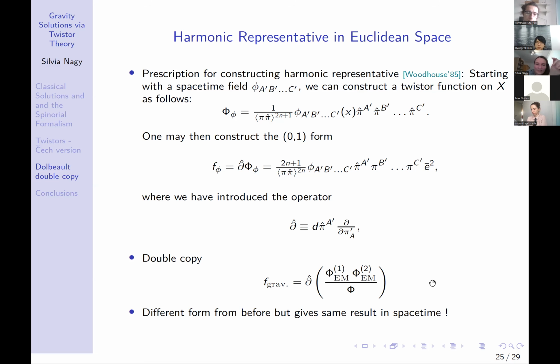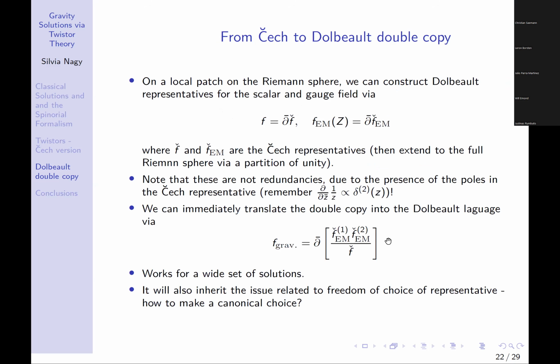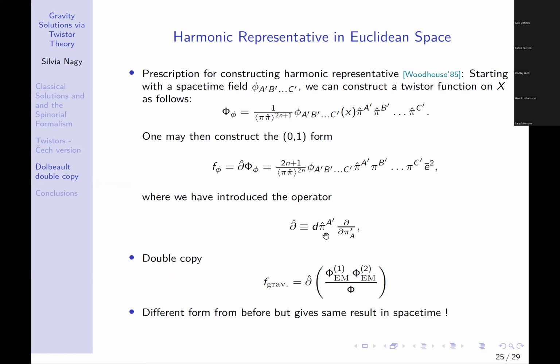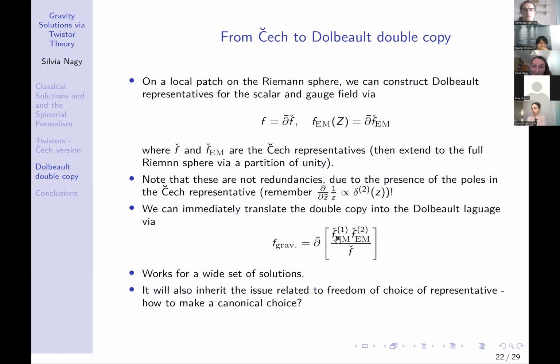And what's quite interesting here is that this version of the double copy is actually quite different from this version here, even though they look very similar. If one just looks very naively, remember that this partial bar here is actually very different from this partial hat. So they're defined very differently. And the phi's that go in here, the ones constructed here, are very different from the F's we have here, which were inherited from the Čech description.